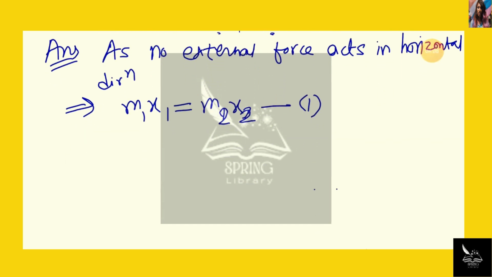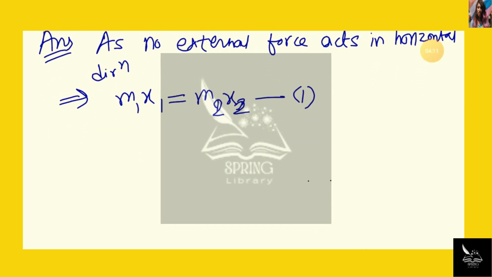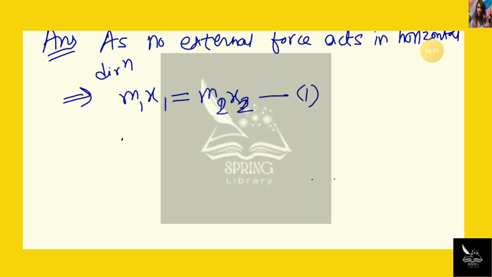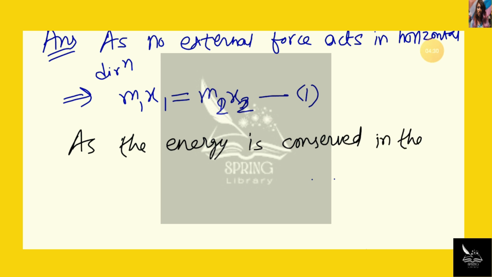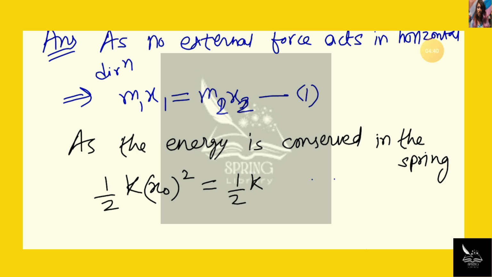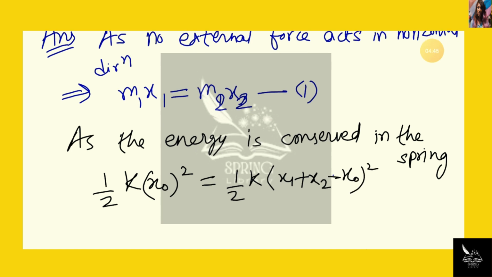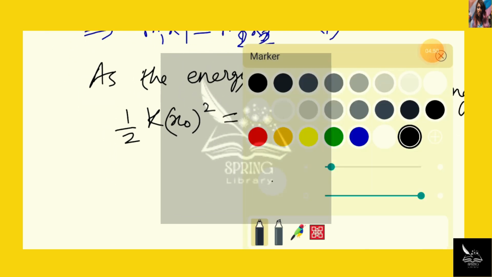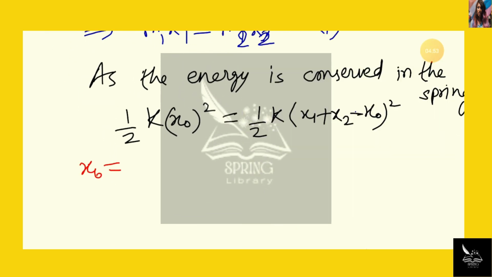Now the next step is, here I can say that the energy is conserved in the spring, so by using the law of conservation of energy, half k x naught square is equal to half k times (x1 plus x2 minus x naught) square, where x naught is given in the question.